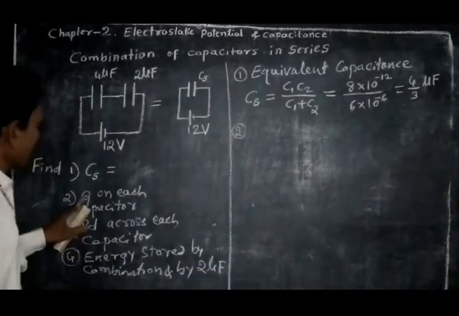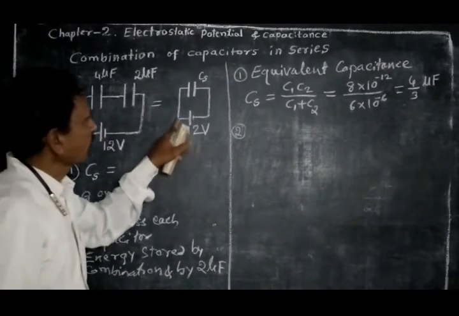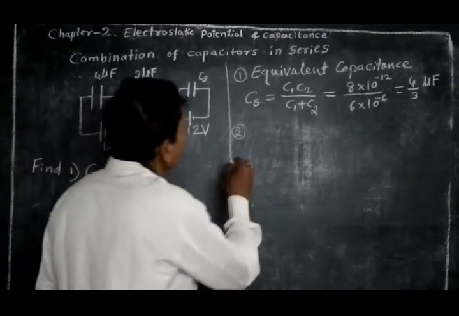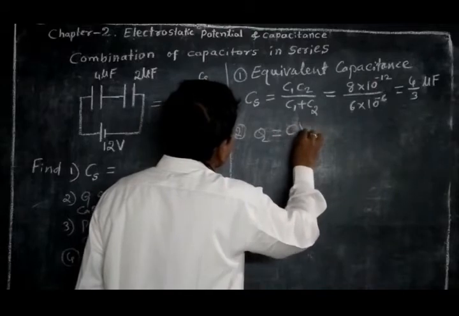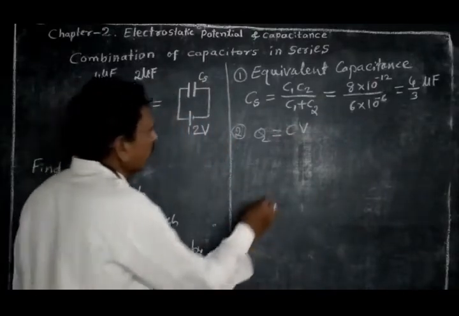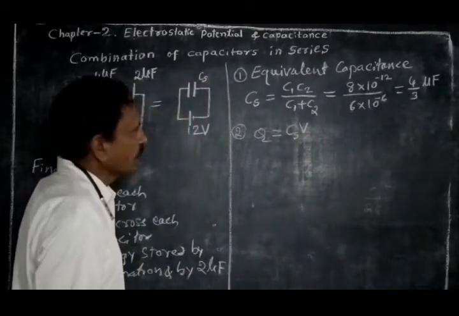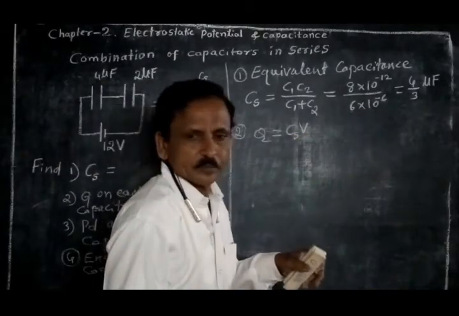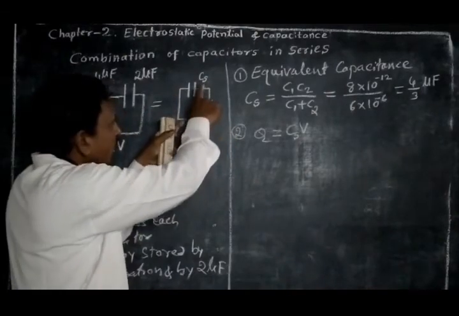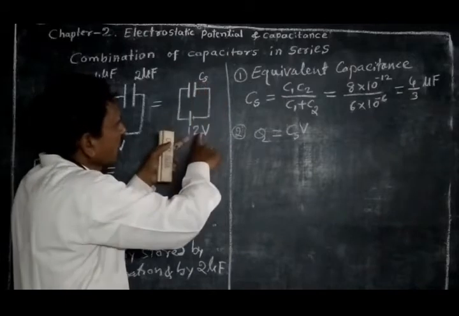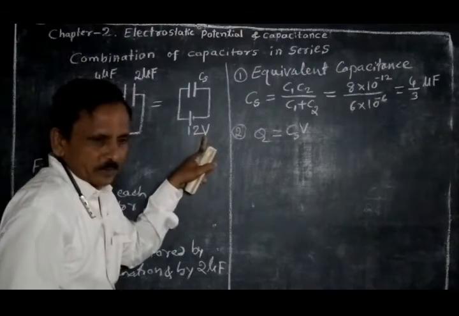Next, number 2, charge on each capacitor. Here what is the charge on this capacitor? We know that charge Q equal to C into phi, that is Cs into phi. Here Cs is known, that is equal to 4 upon 3. This is a single capacitor and Cs is its capacitance. It is connected across 12 volt battery.